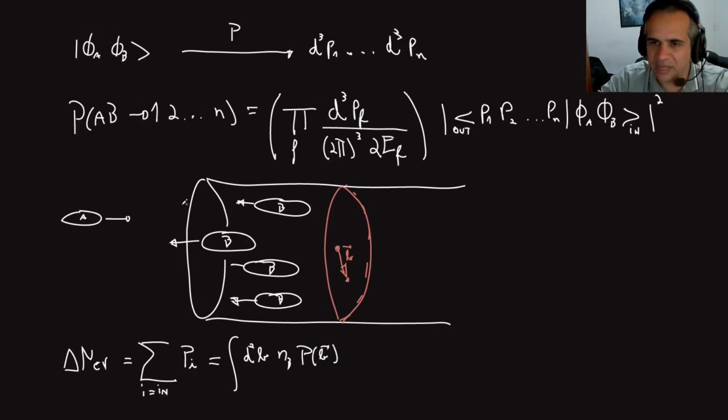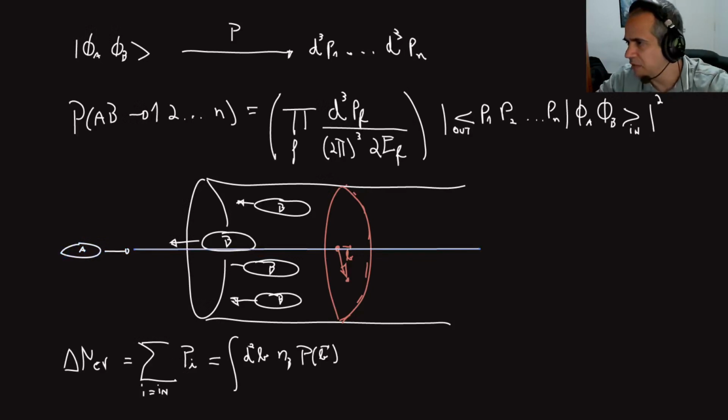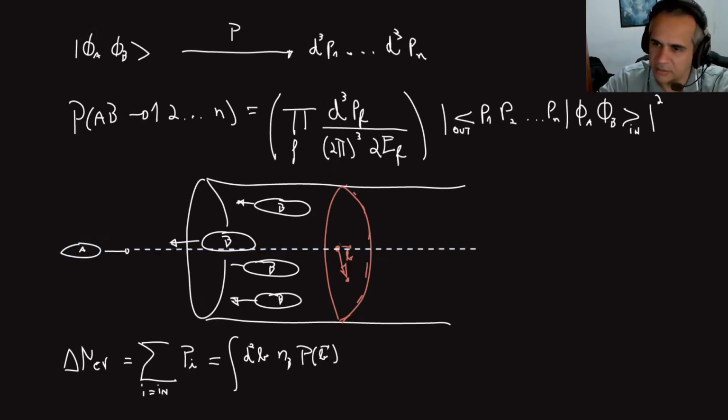In fact, the way I define b is the distance from where A is going, right? I already defined this b before. This is the impact parameter, right? So I'm defining the distance from the line where A goes, and b runs in the plane perpendicular to the direction that A is coming, right?